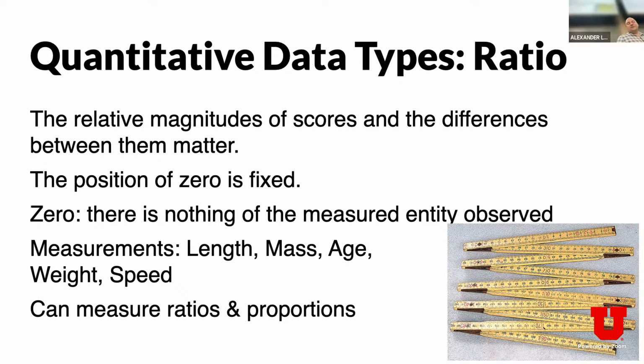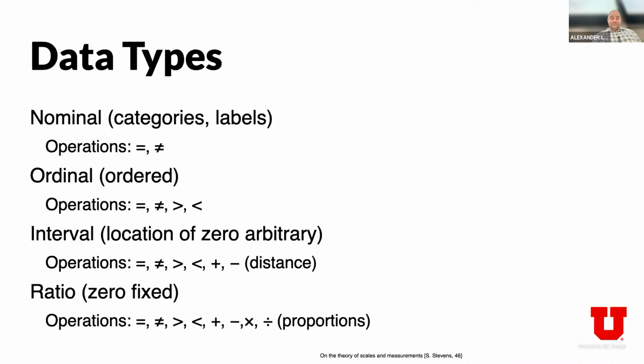The 0 here means that there's nothing of the measured entity observed. If I have 0 liters of water, then I have no water. It's not some arbitrary scale. That would be things like length, mass, age, weight, speed. And here we can measure ratios and proportions.